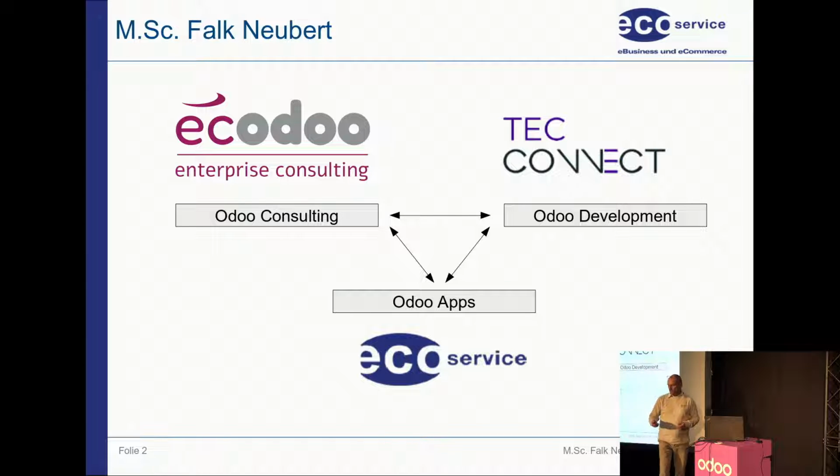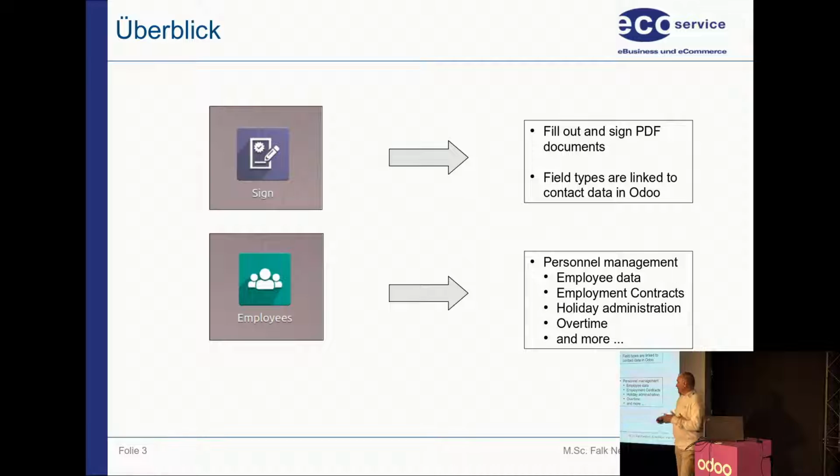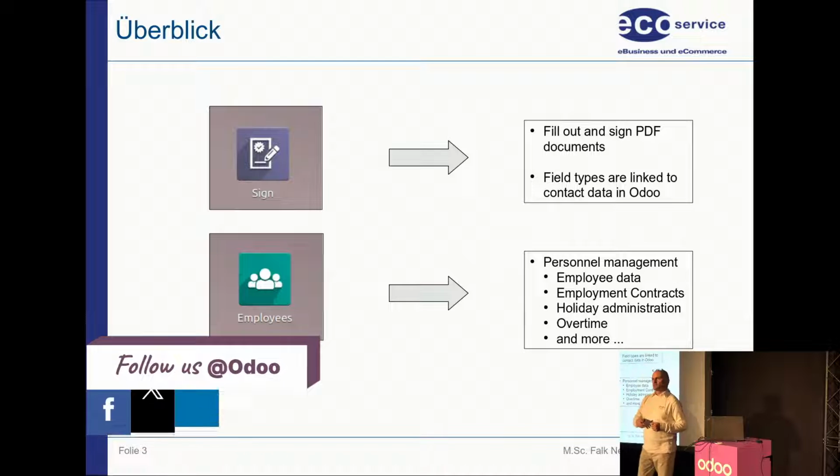What I want to show today in my presentation is some modification for the HR department, especially in Germany. What we have done involves both modules, the Sign module and the Employee module. The Sign module in Odoo is typically used to send PDF documents to the customer.